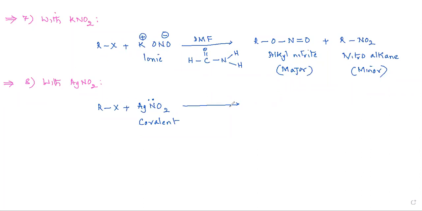In this case, we get nitroalkanes as the major products, whereas the alkyl nitrites are the minor products. Okay. So these are the very interesting reactions. All four different pairs of reagents. Okay.